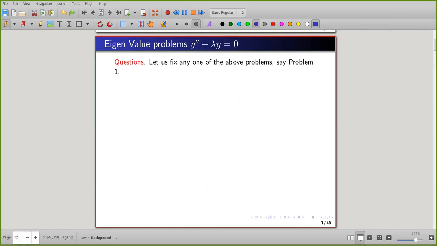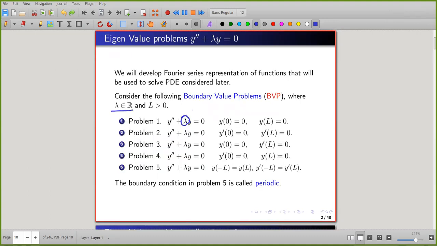Let us fix any one of the above problems, say problem 1. What is problem 1? y double prime plus lambda y is equal to 0, and y is 0 at 0 and L. And let's recall this once again: in problem 1, y is a function from 0 to L to the real line.